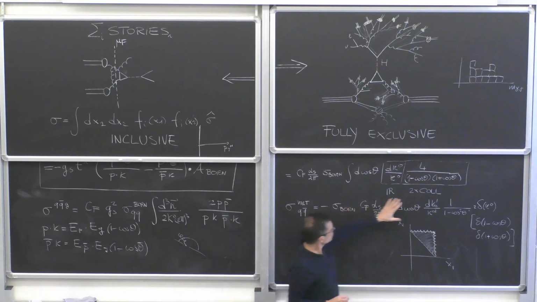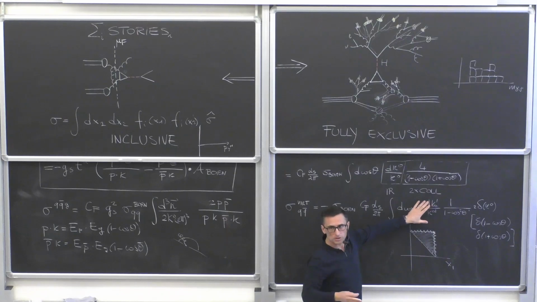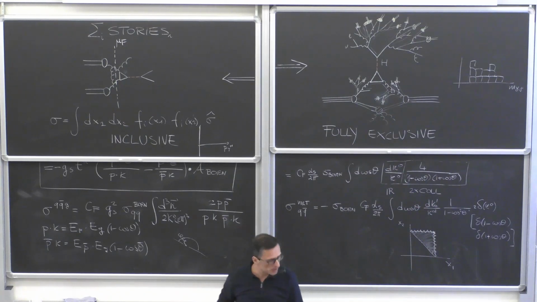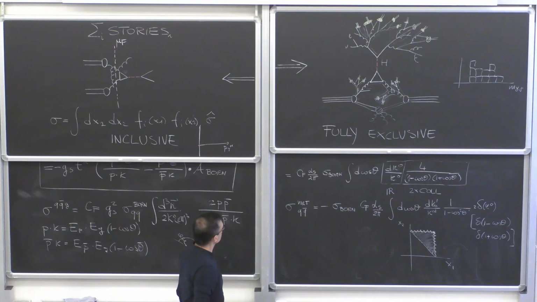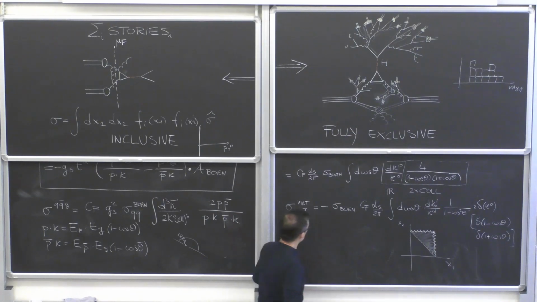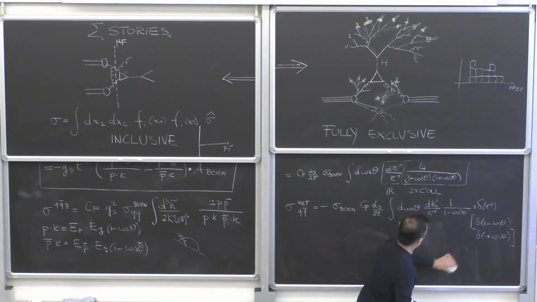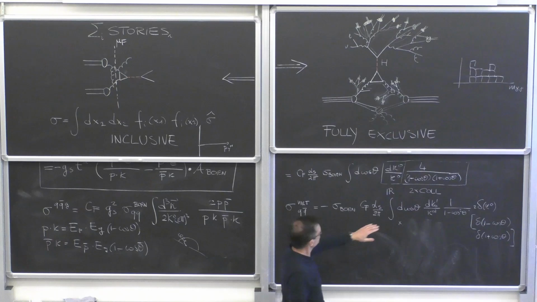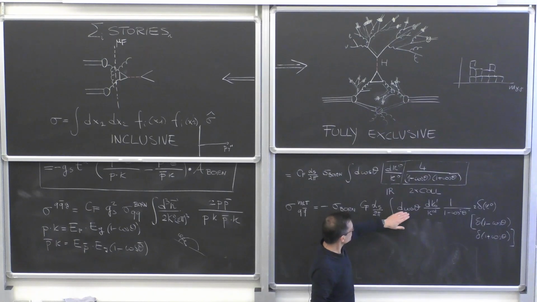I put in the virtuals in the boundary, and then I'm canceling the divergence with the real. So in order to do that, I actually need to go in d dimensions, right? But I'm not very much interested right now in the detail. The only thing I want you to notice is that also here you have a divergence, here you have the opposite divergence, and they will cancel.